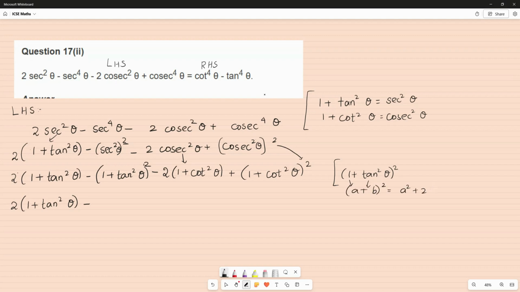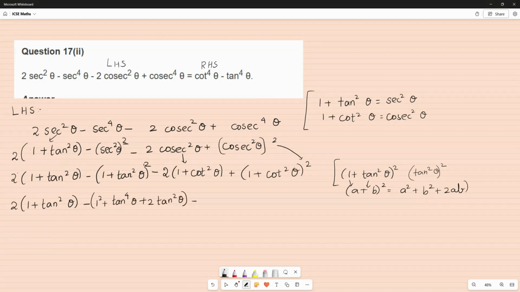In a's place we have 1, so we write 1 square. In b's place we have tan square theta. Many of them will make a mistake here. Tan square theta the whole square will become what? Tan power 4 theta, because b is tan square theta. Plus 2 tan square theta.